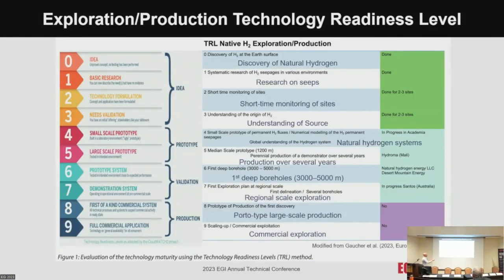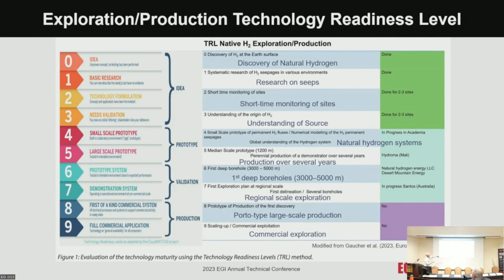So basically what it shows is that some basic research has been done, and now we are at a stage of really trying to understand how natural hydrogen systems work as a whole. And then we have a few examples of commercializing natural hydrogen as a resource.